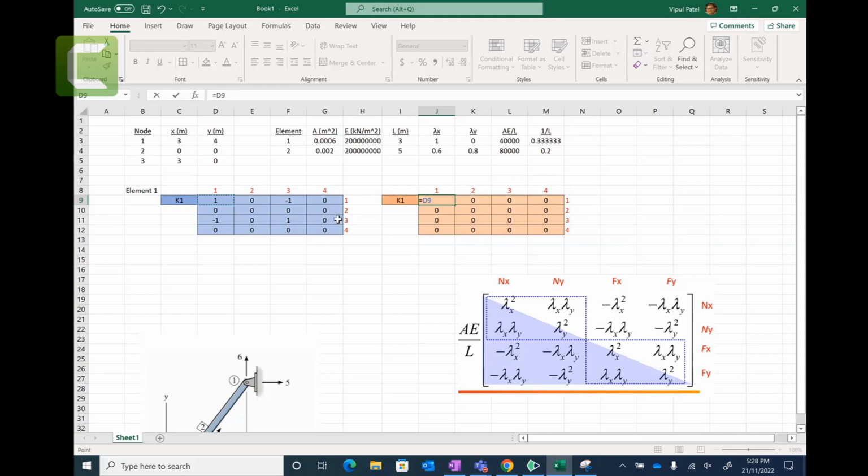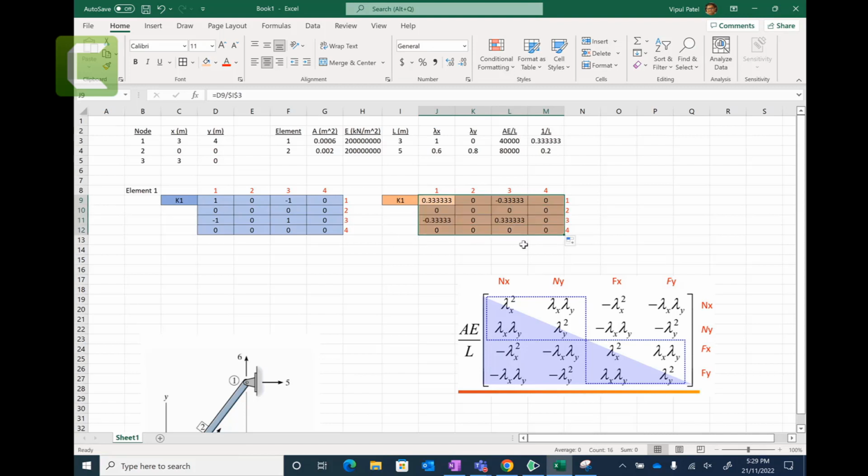These numbers divided by, let's say, length, and we need to lock it. How do you lock it? You can put the dollar sign here and dollar sign here, so it will not change. So you can just watch it. You can go across and scroll it down.